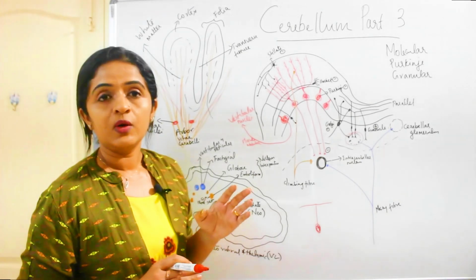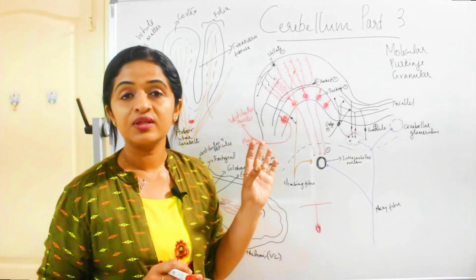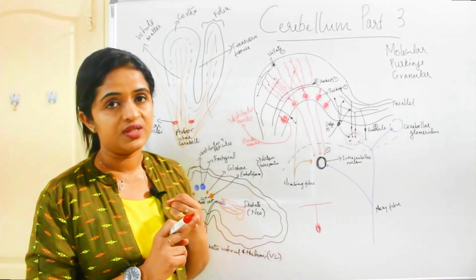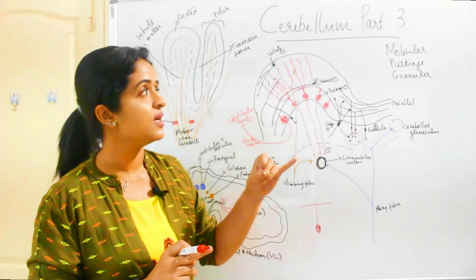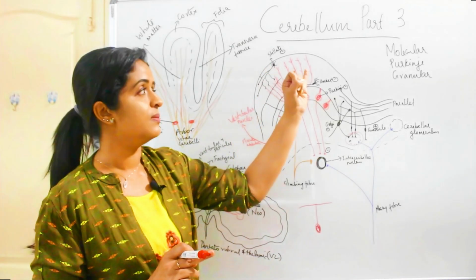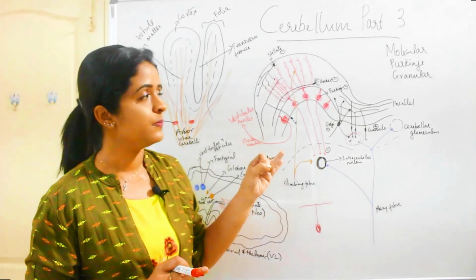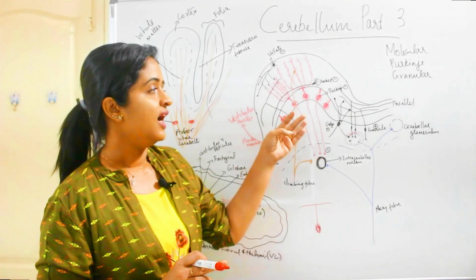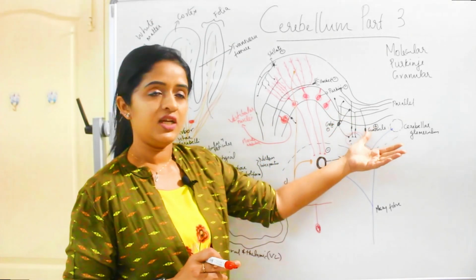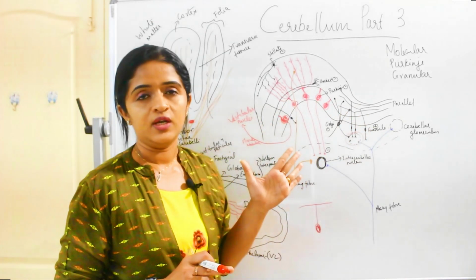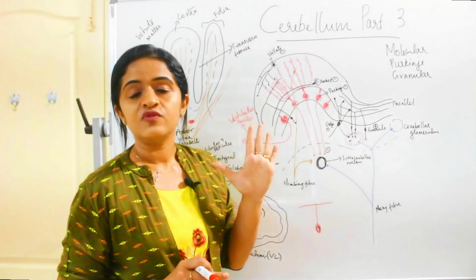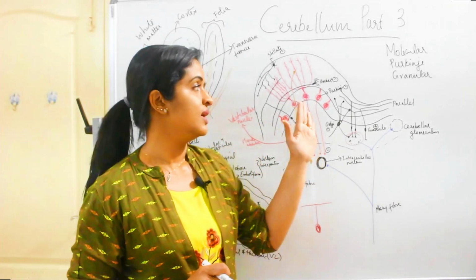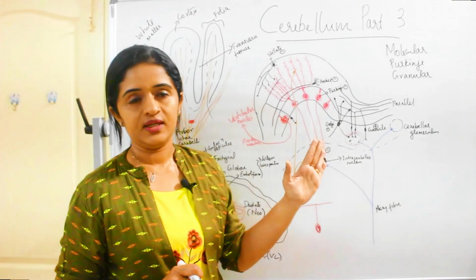When we talk about the neurons in the cerebellar cortex, once again we can just name them. We have the stellate cells and basket cells in the molecular layer. Then you have the Purkinje cells in the Purkinje layer, and then you have the Golgi and granule cells in the granular layer. So we have altogether 5 types of neurons in the cerebellar cortex.